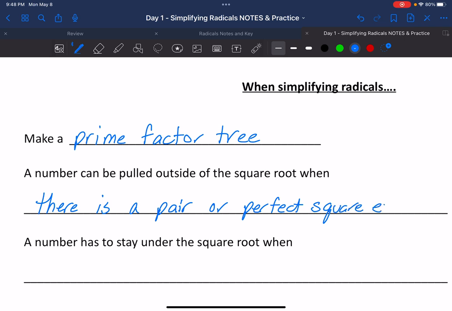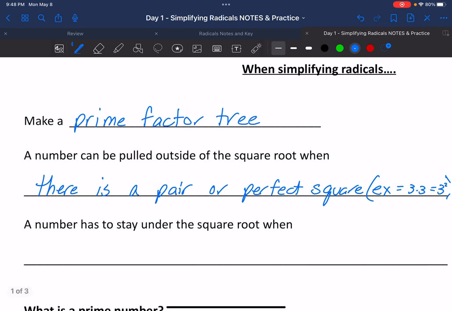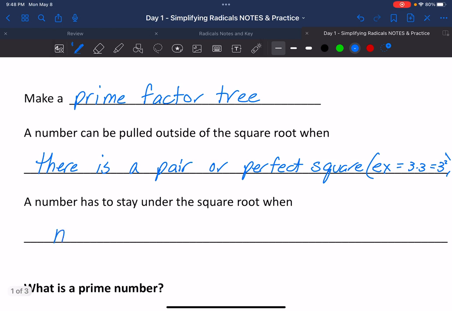For example, 3 times 3 is a perfect square. Now, a number has to stay under the square root sign when there is not a pair.